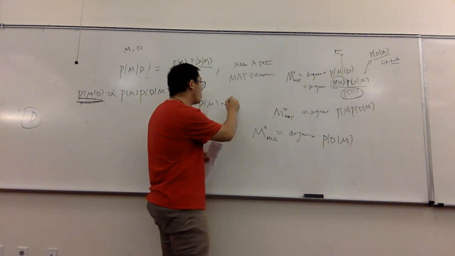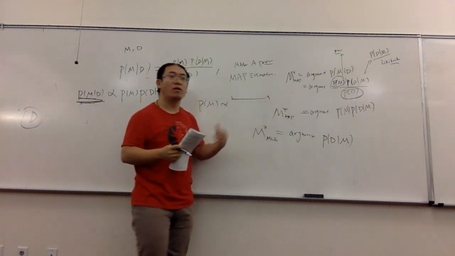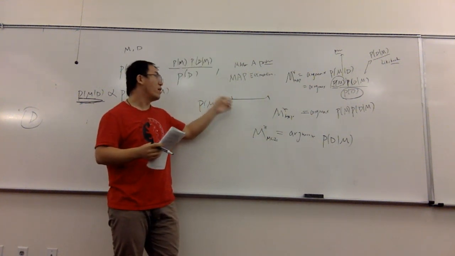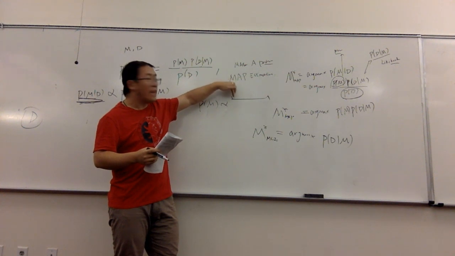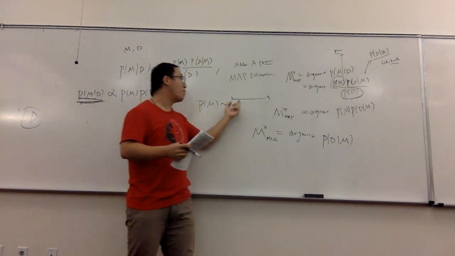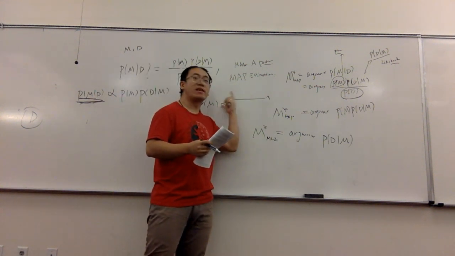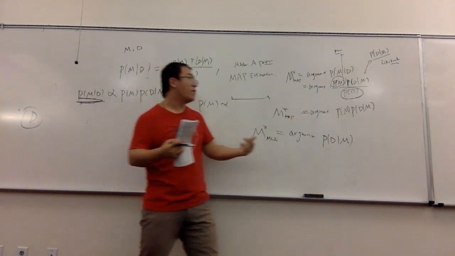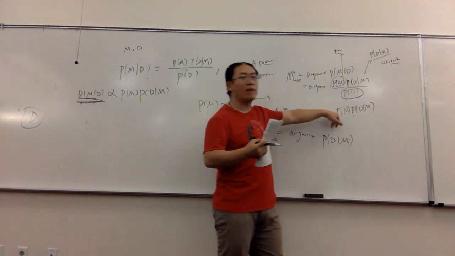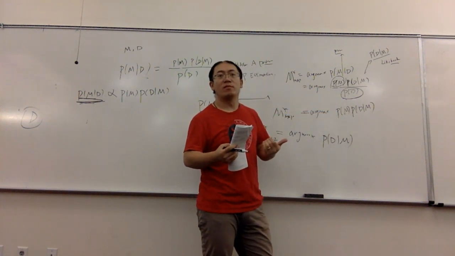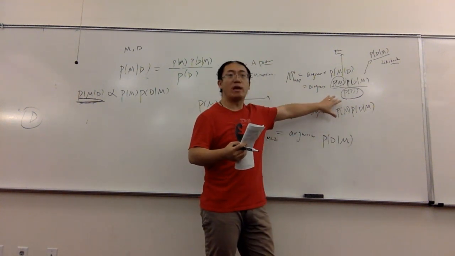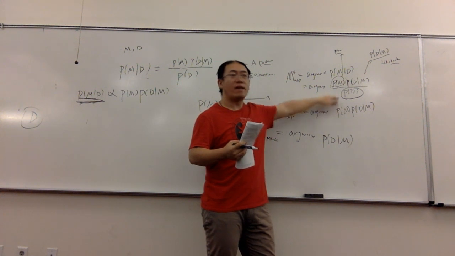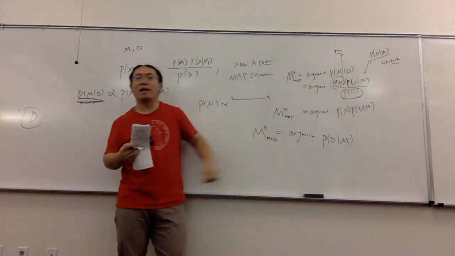So what is a uniform distribution? Suppose this is the range of your model, and assume the probability density that M takes any value inside this range is equal. That means the prior probability of M is constant with respect to M. So in the maximization, we can throw it out, and it is equal to the maximum likelihood estimation.